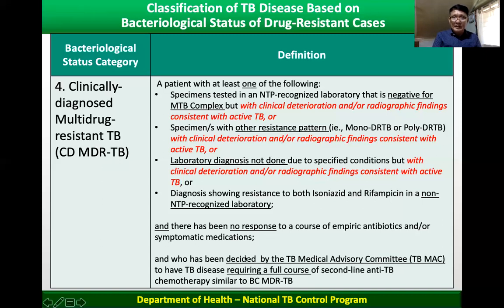And who has been decided by the TB Medical Advisory Committee, TB MAC, to have TB disease requiring a full course of second-line anti-TB chemotherapy, similar to BC-MDR TB. Okay? So that's it. That is for our clinically diagnosed MDR TB.